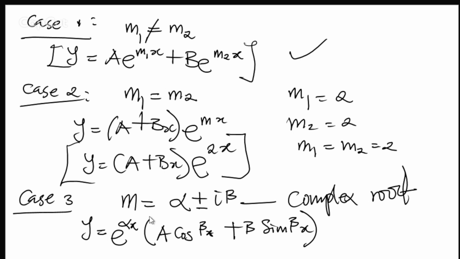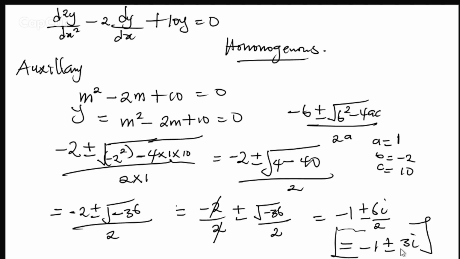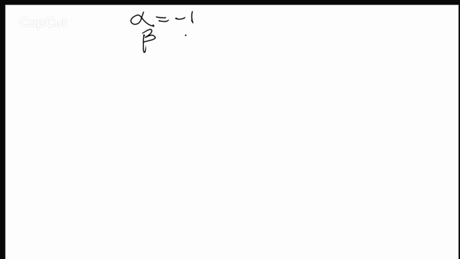It says when you have m equal to alpha plus or minus i beta, your alpha from our equation will simply be minus 1, while our beta will be equal to 3. Are we together?